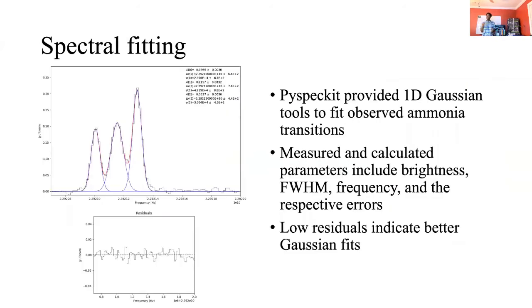So, spectral fitting. I use PySpecKit to fit 1D Gaussian curves, and what this allows me to do is measure some of the spectral properties like brightness, the width of each Gaussian curve, the frequency, and their respective errors.